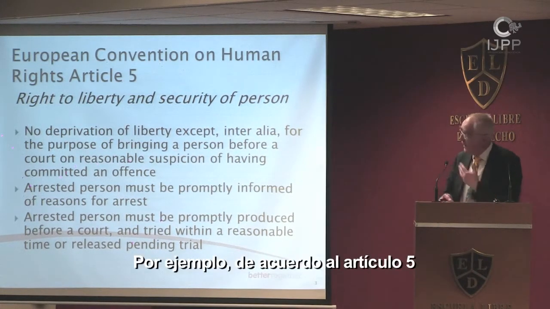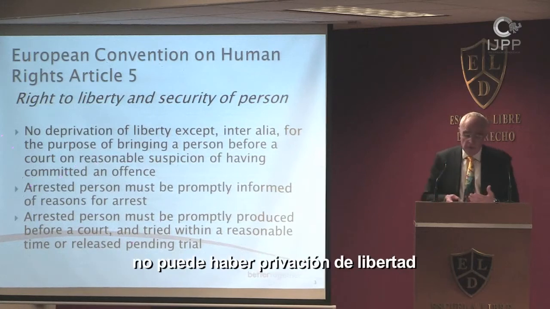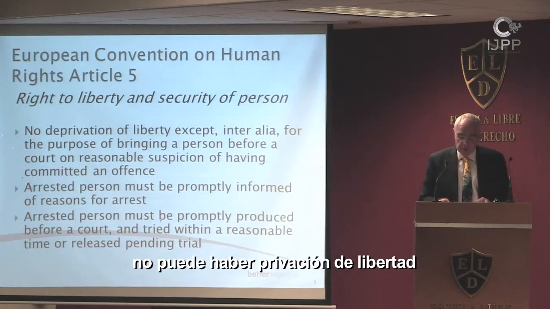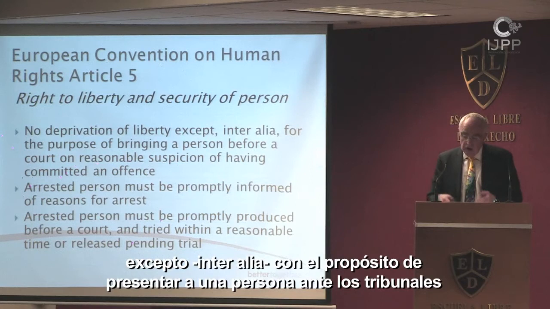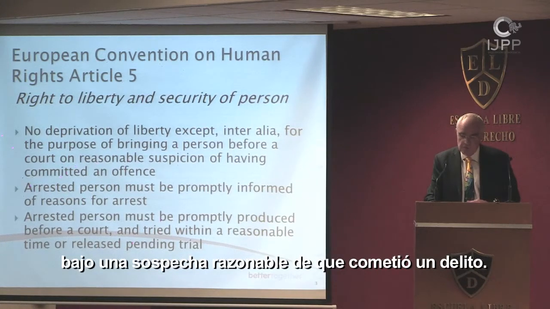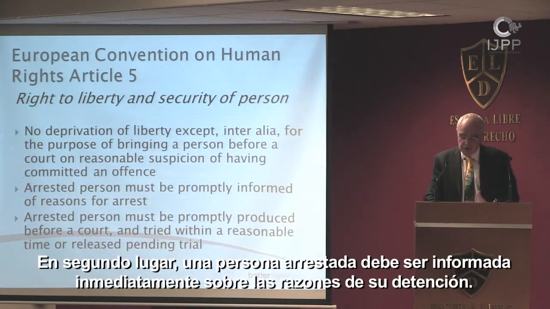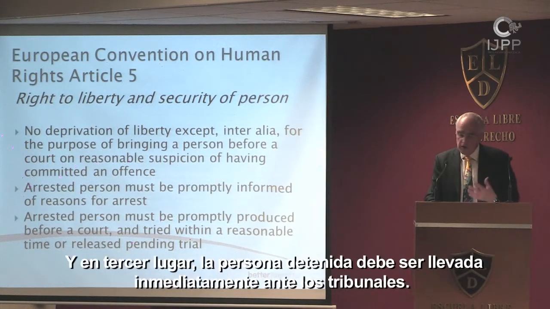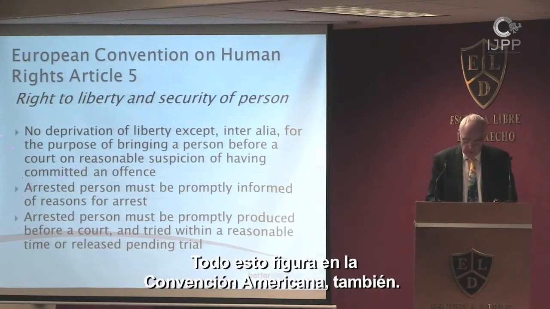So, for example, in Article 5, there can be no deprivation of liberty except inter alia for the purpose of bringing a person before a court on reasonable suspicion of having committed an offence. Secondly, an arrested person must be promptly informed of the reasons for arrest. And thirdly, an arrested person must be promptly produced before a court. Well, those all figure in the American Convention as well.